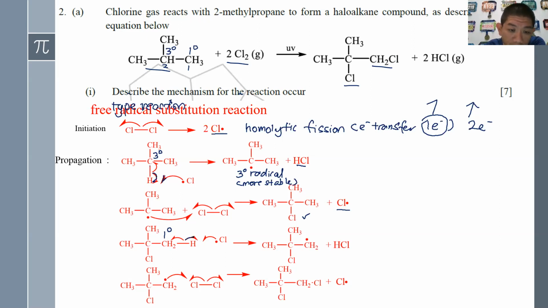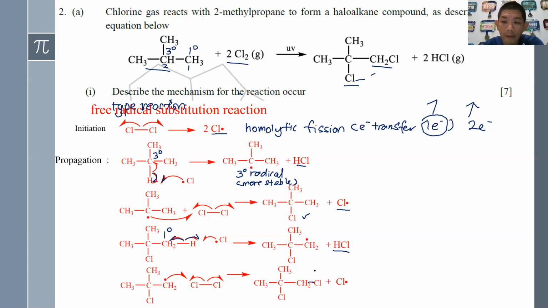Again, it undergoes a homolytic fission here, so you form a CH2 radical together with HCl as a side product. Then the CH2 radical will react with another chlorine molecule to form our desired product, CH2Cl, plus a Cl radical. Because our motive is just to propose how this product is formed, you stop here.